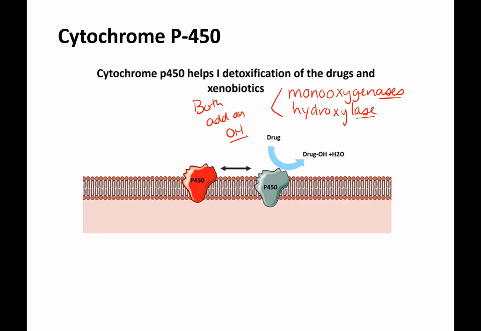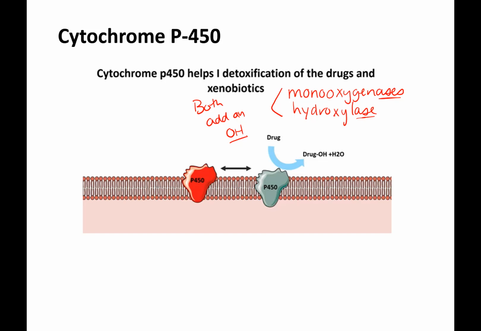So here to a drug. You know that OH is a polar group, just like OH in water, and the OHs we look for on carbohydrates that make them polar and water soluble.